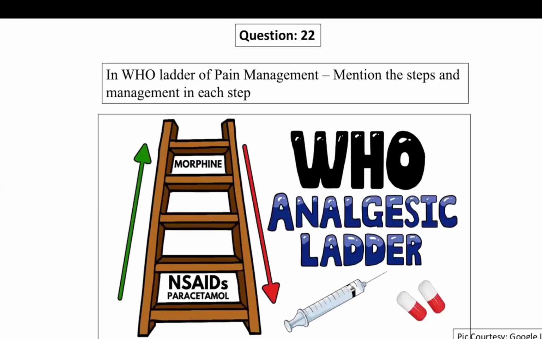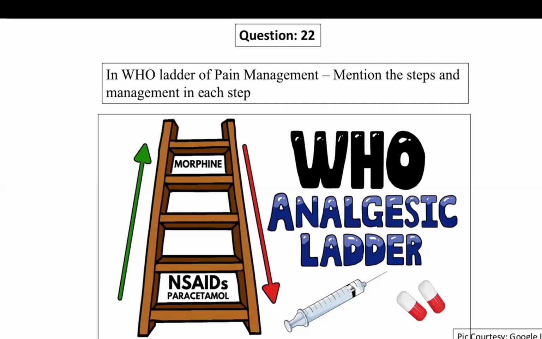Can you describe the WHO analgesic ladder steps? So there are mainly three steps, sir. First is step 1, which is for mild pain, where we give non-opioids like paracetamol or NSAIDs. If the pain is not controlled by non-opioids, we move to the second step where we add the weak opioids with the non-opioids.